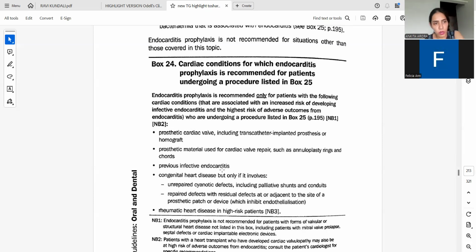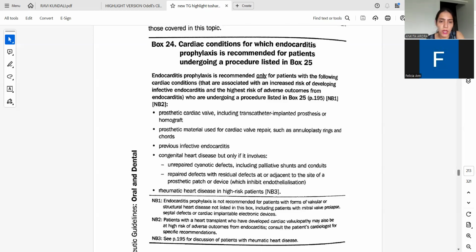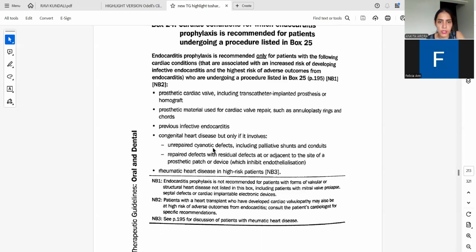Then previous infective endocarditis. Congenital heart diseases, but only if it involves unrepaired cyanotic defects. Cyanotic defects are the ones producing a bluish hue, producing cyanosis. Then repaired defects with residual defects at or adjacent to the site of a prosthetic patch or device. So whenever prosthetic patch, device or repair material is involved, they come under the high risk category. And rheumatic heart disease in high risk patients.